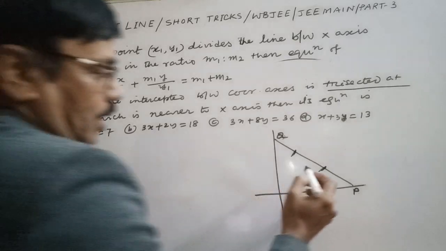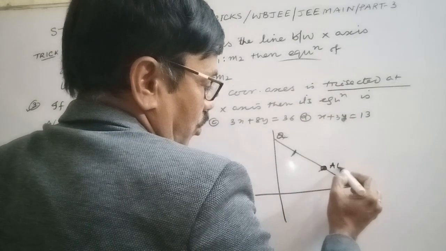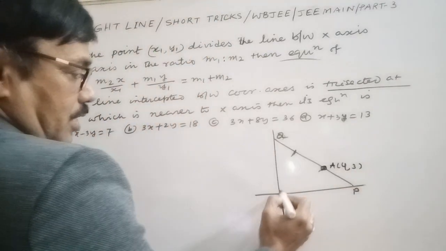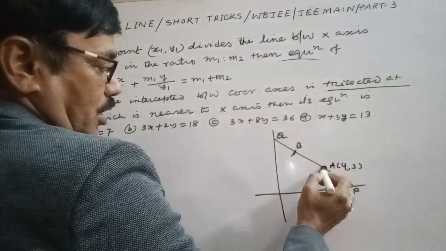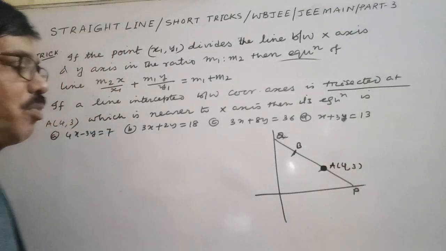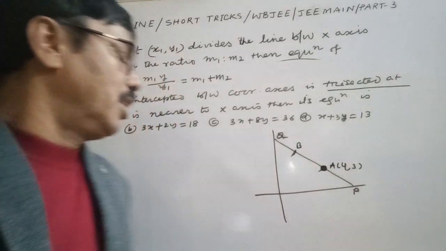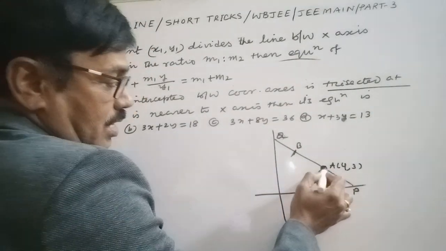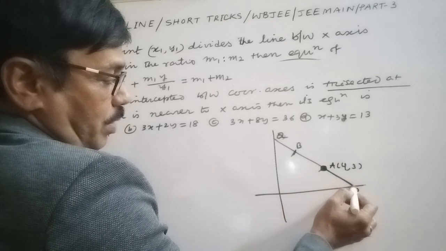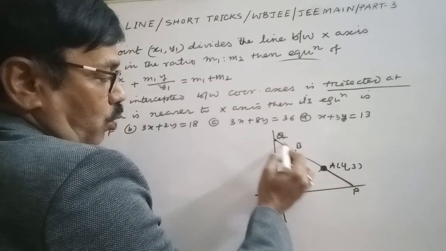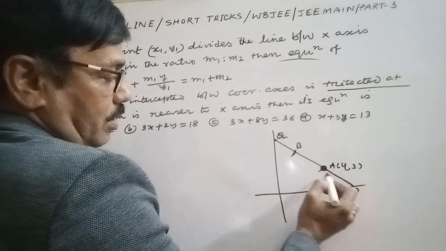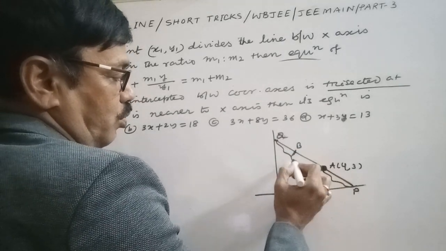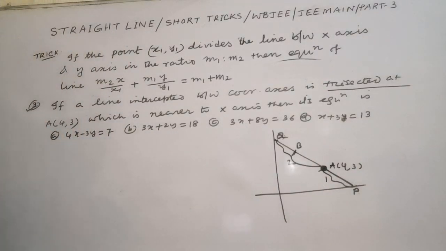At A(4, 3), which is nearer to the x-axis. So it is trisected at A(4, 3), nearer to P. So this is 1, this is 1, this is 1. So what will be the ratio? The ratio will be 1:2.